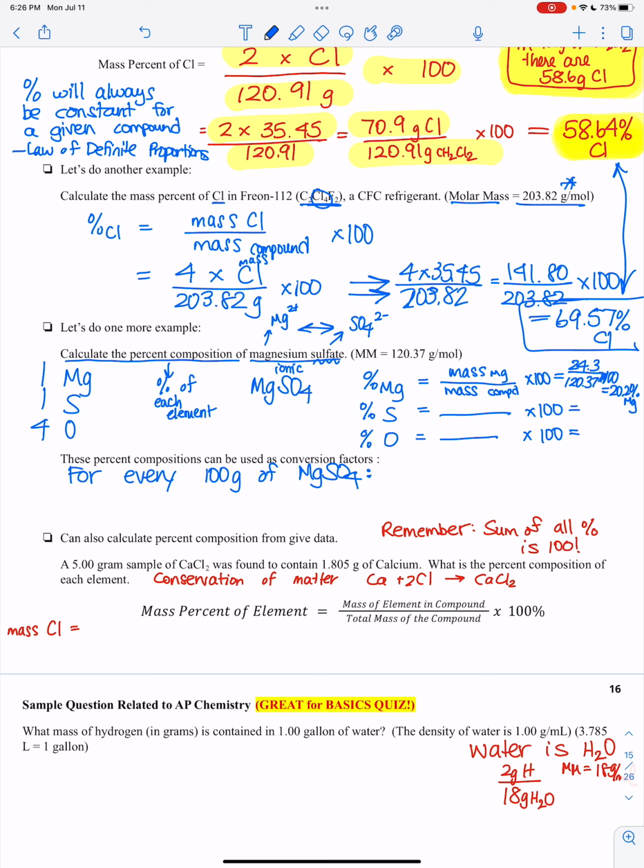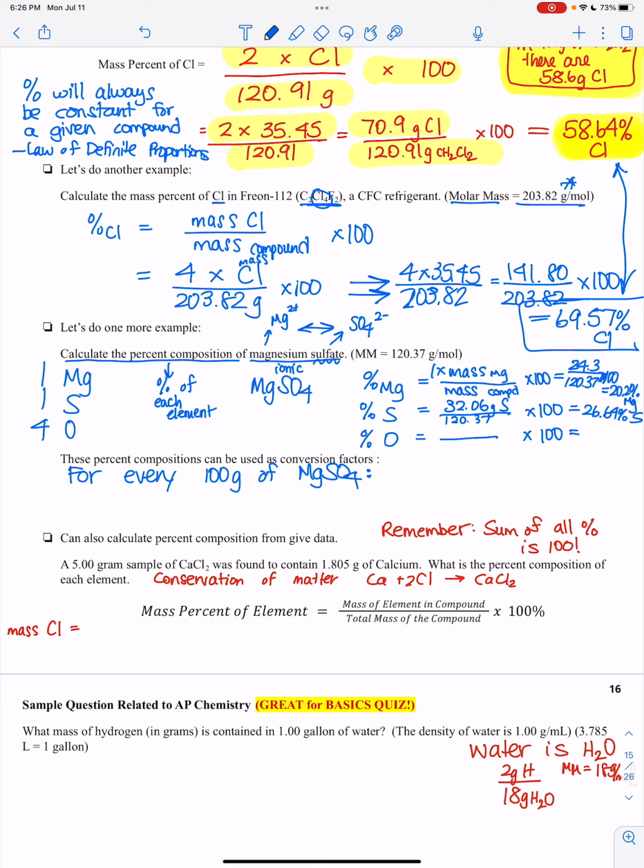Sulfur, there's only 1 sulfur. There was only 1 magnesium. There's going to be 1 sulfur. The molar mass of sulfur, if you look on the periodic table, is 32.06 grams of sulfur divided by 120.37. If I times that by 100, I get 26.64% sulfur.